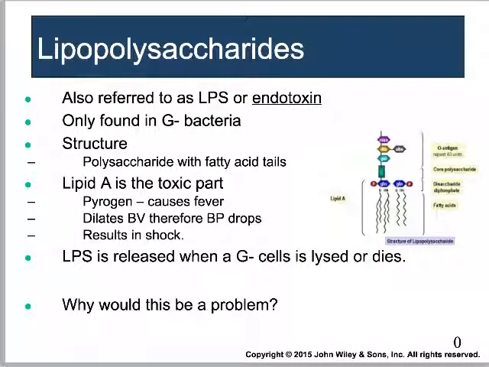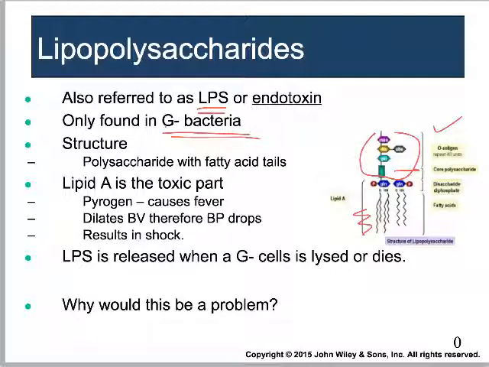Now, lipopolysaccharides are also called LPS, or sometimes endotoxins. These are only found in gram-negative bacteria, and here's what they look like. It's some sugars, this polysaccharide, and coming off of the polysaccharide are these fatty acid tails.